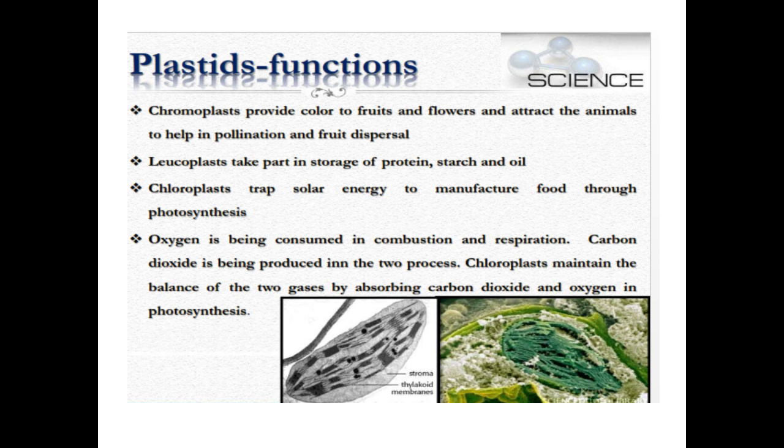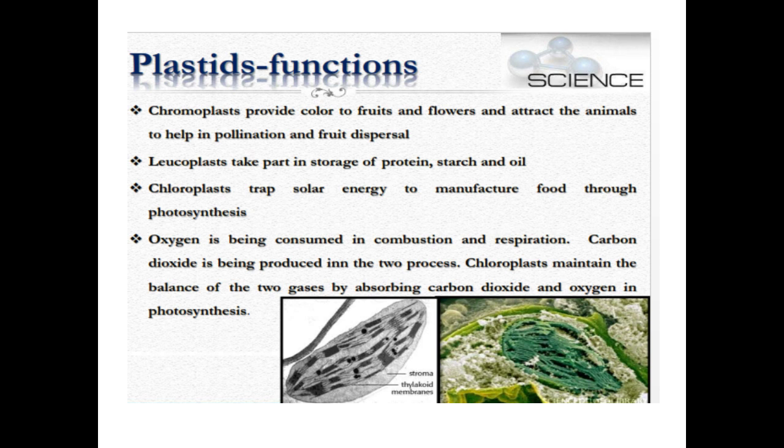Chloroplast traps the solar energy to manufacture food through photosynthesis. As I have already said, the plastid which contains the pigment chlorophyll is called chloroplast, and this chloroplast is used in trapping the solar energy for the manufacture of food through photosynthesis.